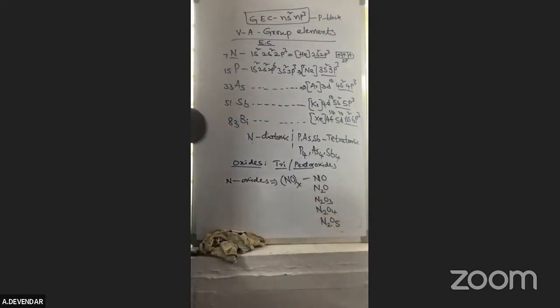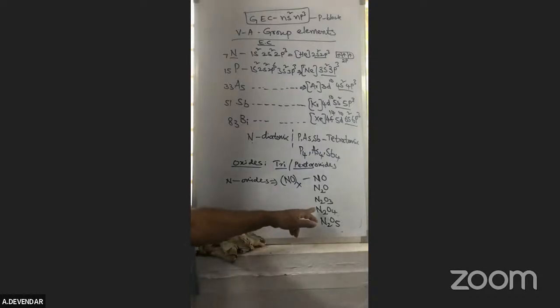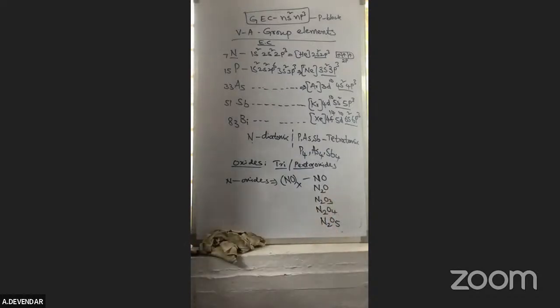Nitrogen tetroxide is nothing but nitrogen dioxide, NO2. These are the possible oxides of nitrogen. The 5A group elements generally form tri and penta oxides, but nitrogen is a special case: it can form mono, di, tri, tetra, and penta oxides also.